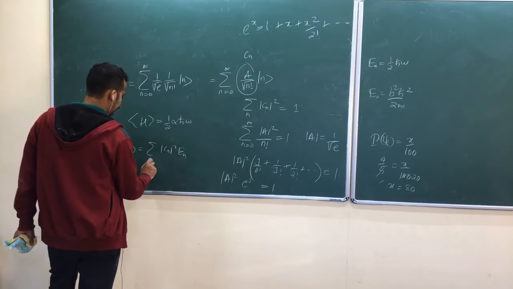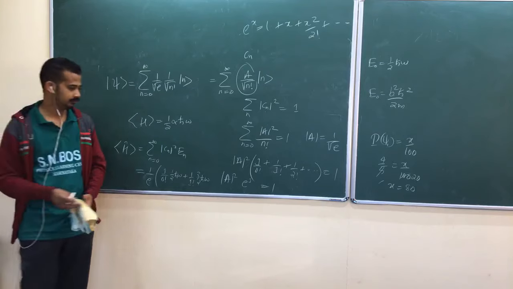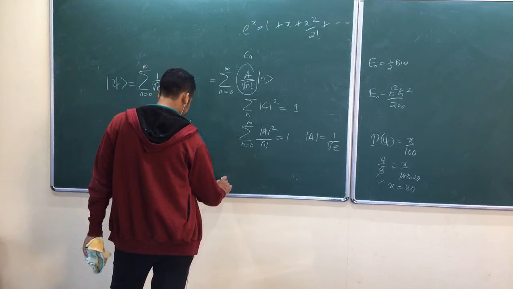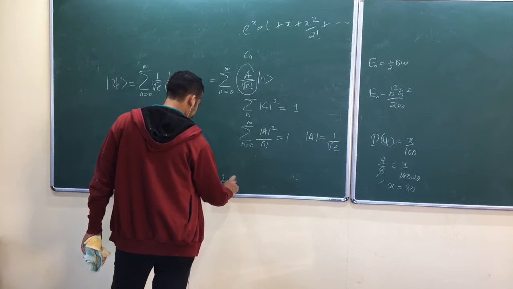Now that is equal to 1 by e outside, 1 by 0 factorial into what is E 0, half h bar omega, plus 1 by 1 factorial, what is E 1, 3 by 2 h bar omega, plus 1 by 2 factorial 5 by 2 h bar omega.